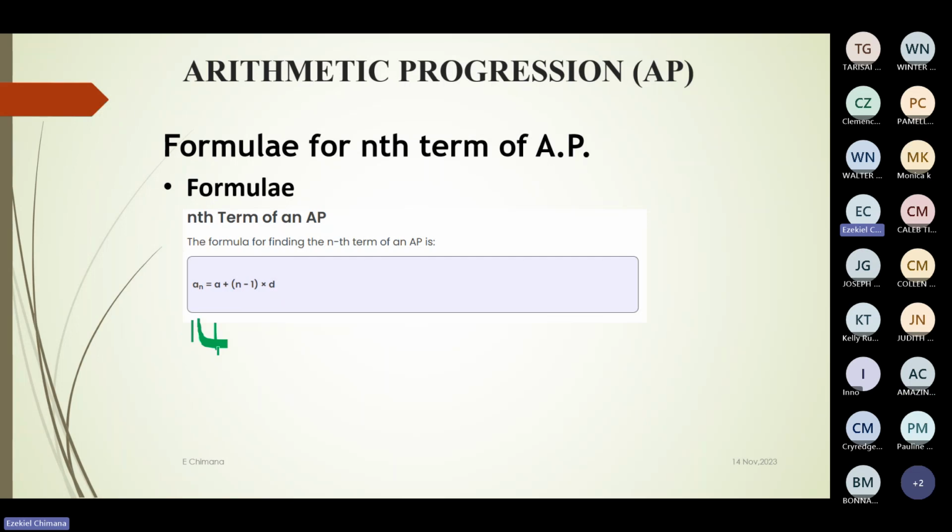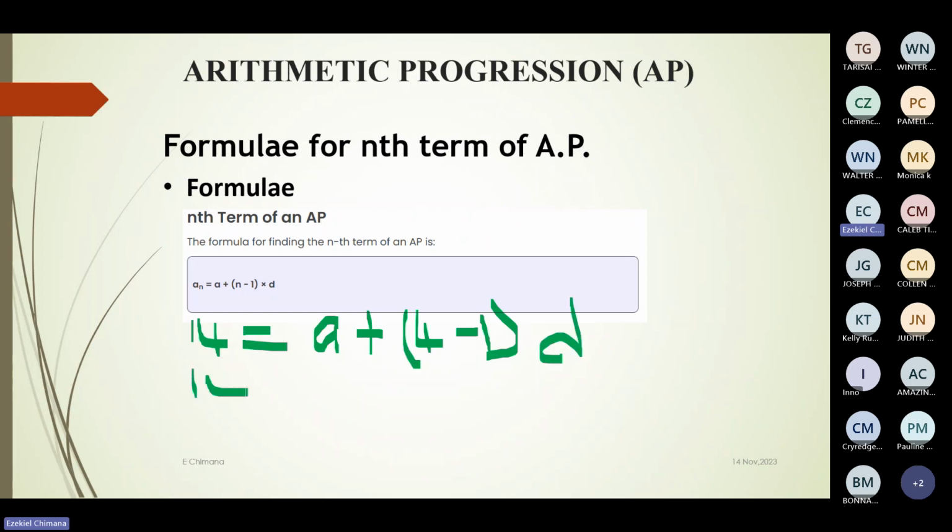So maybe you can have 14 is equal to a plus, the fourth term, so it will be 4 minus 1 times d, which is the common difference that we do not have. So we end up having 14 is equal to a plus 3d.